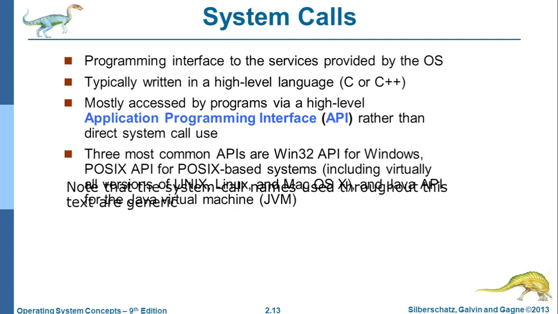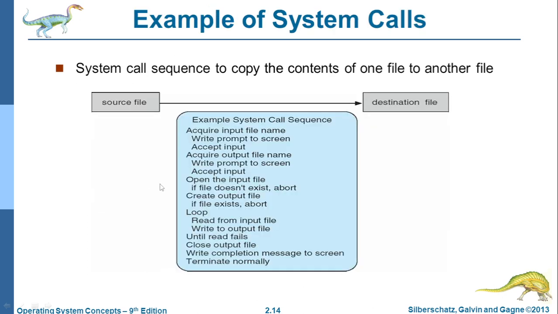System calls. System calls are written in high-level programming languages like C, C++, Java, etc. These are mostly accessed by the application program interface or API. We have heard about this API. Okay. This is an example of a sequence of system calls.